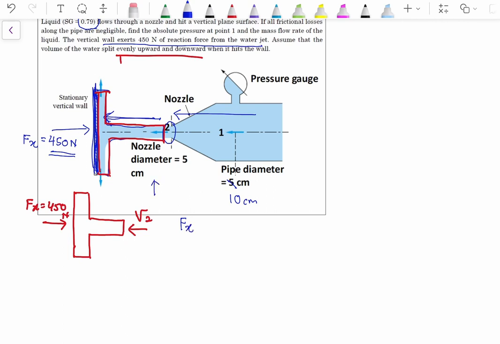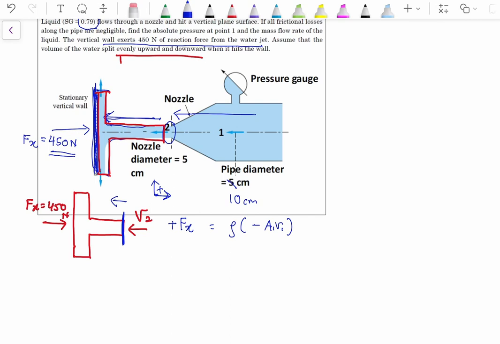Fx, we decide our direction to be positive to the right, negative in the other direction. Okay, so Fx going to your right hand side, so positive Fx equal to, okay, this is the first, the inlet. Density, it is going into your control volume, so negative rho A1 V1.